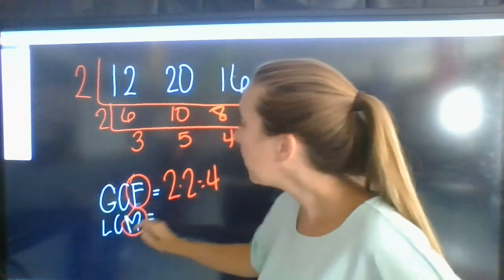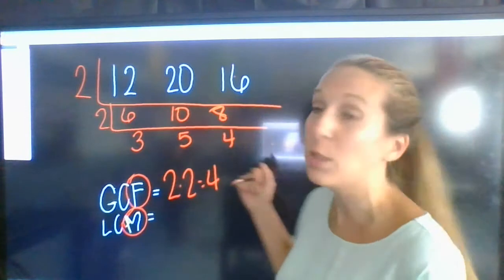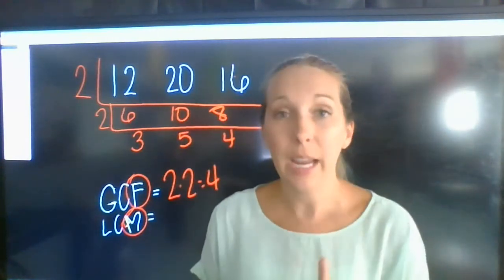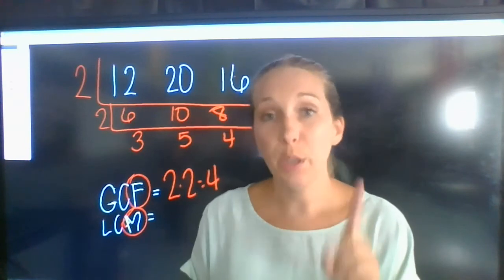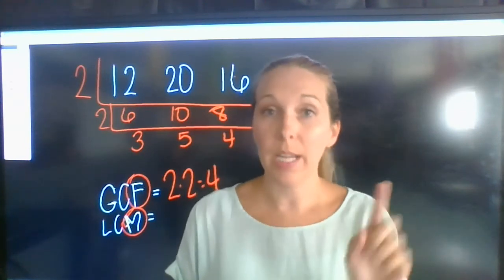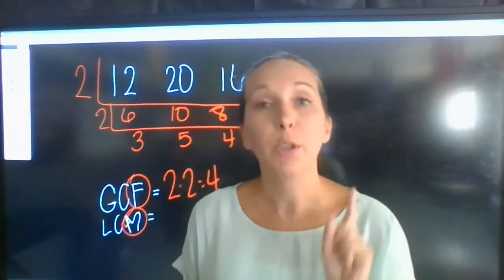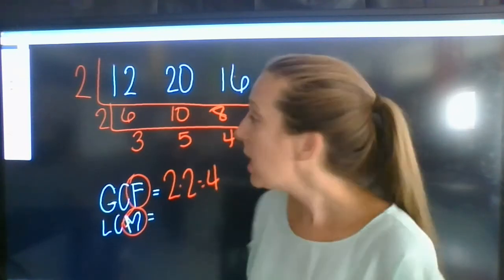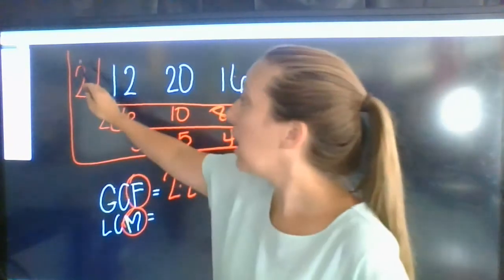The M is our multiple. That's the number that all three of these will multiply to, and they will get the same product the first time. Now, remember, when you are doing LCM, you're looking for the first product. These numbers have an infinite amount of products that match, but you're looking for the very first one. So we're going to use that L and use the 2.